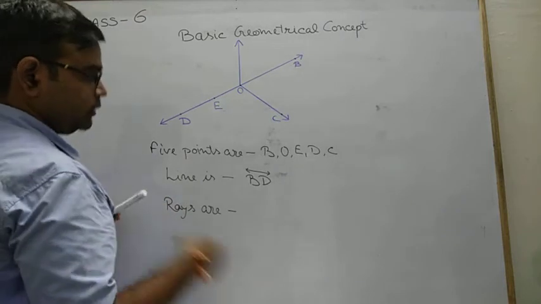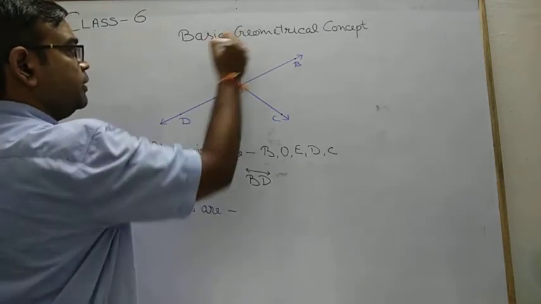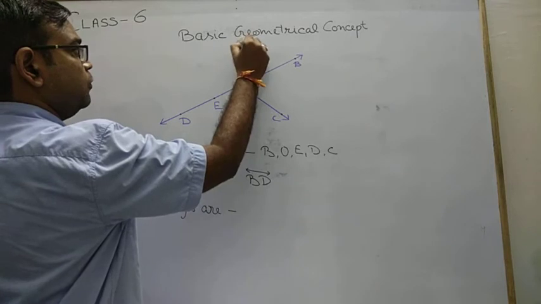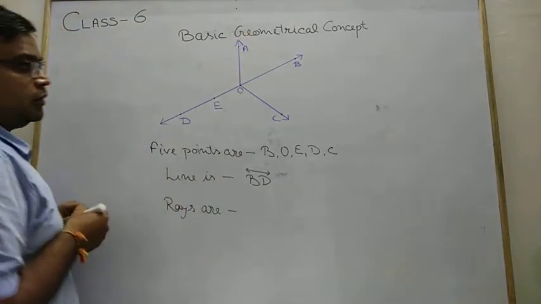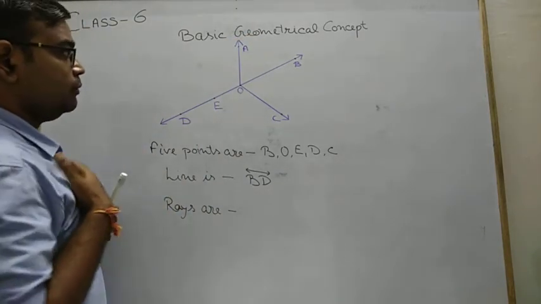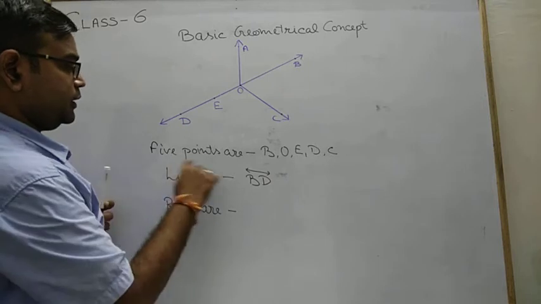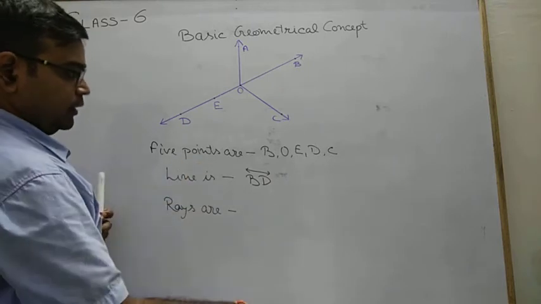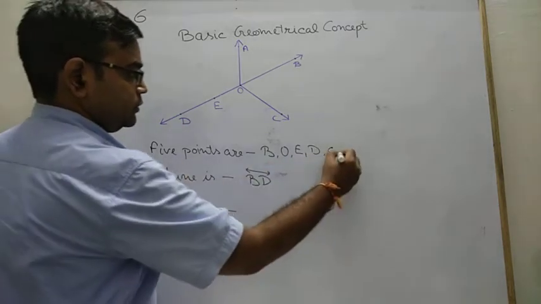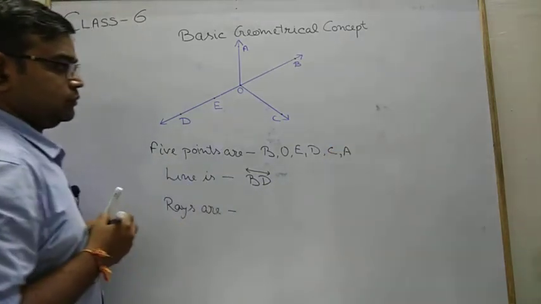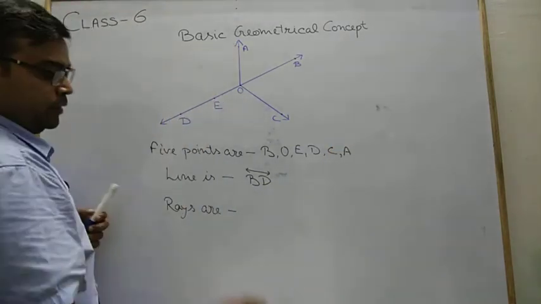I think I missed the name. It may be A over here. Clear? Now, if A is there, then we must add the name A here also, because again we have a point now.